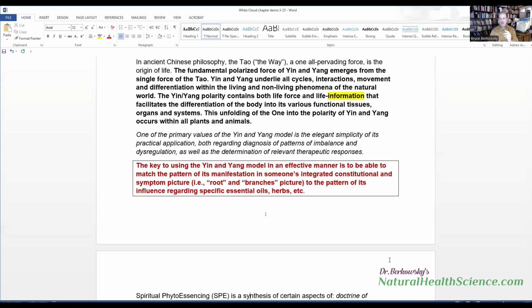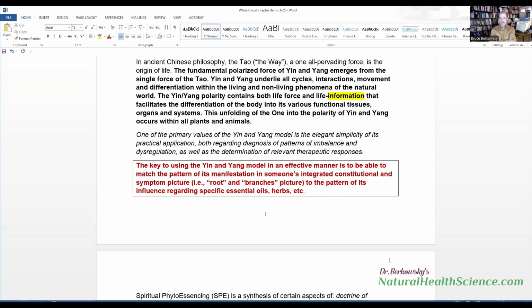So when you are trying to understand your case, you have to understand both the branches and the root. And when you are treating the branches, which you have to, because a person is suffering and you have to ameliorate their suffering, their pain and discomfort, you should be choosing essential oils and herbs and acupoints and so forth that not only somehow treat the branch and relieve whatever discomfort that branch is presenting with in the moment, but somehow will not only reveal some glimpse of the root, but will tie back to the root.